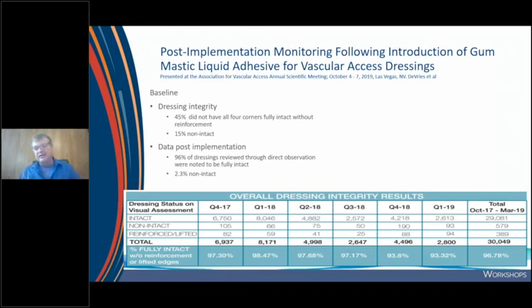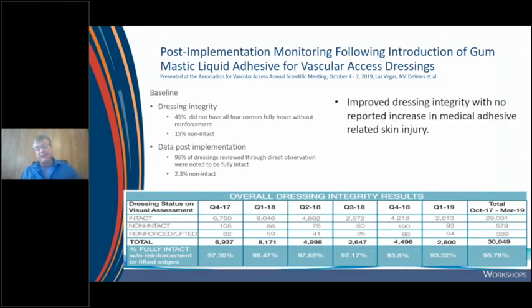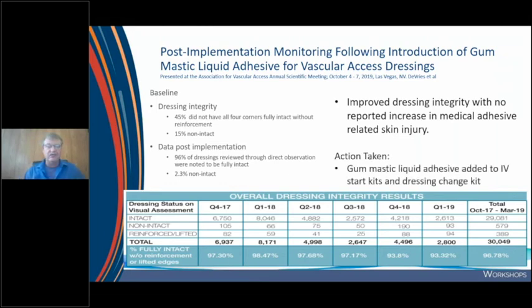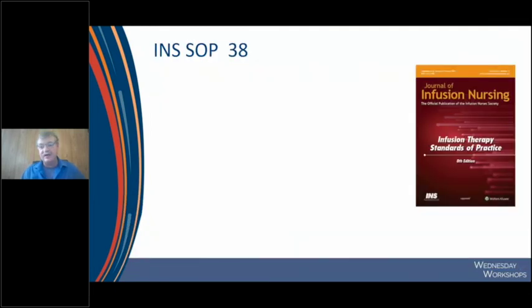After they implemented this measure, they had 96% dressing adherence at 7 days, with only a little over 2% with the insertion sites exposed. That was significant. And with all of this, they had absolutely no medical adhesive related injuries. And what did they do? They just started using it.